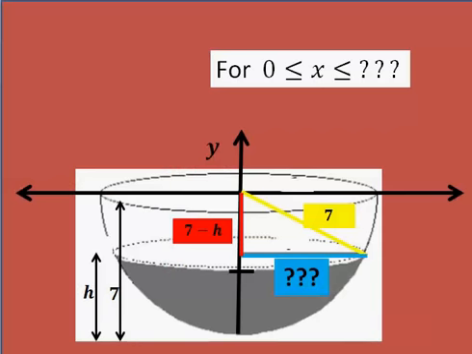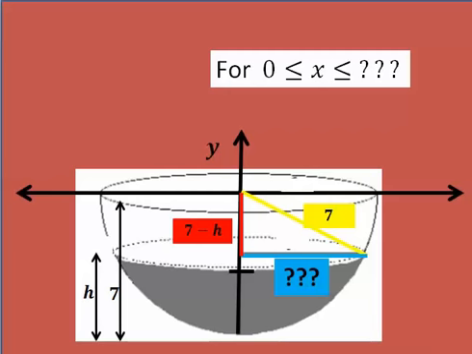But I also need to find my range of x. x is non-negative because I'm rotating about the y-axis. So the range of x starts at 0. How high up does it go? The temptation is to say it goes up to 7, but unfortunately, unless the bowl is filled to the top, it won't.